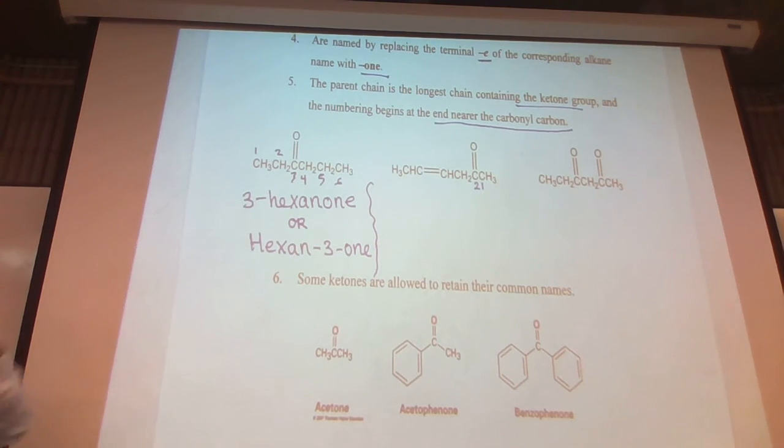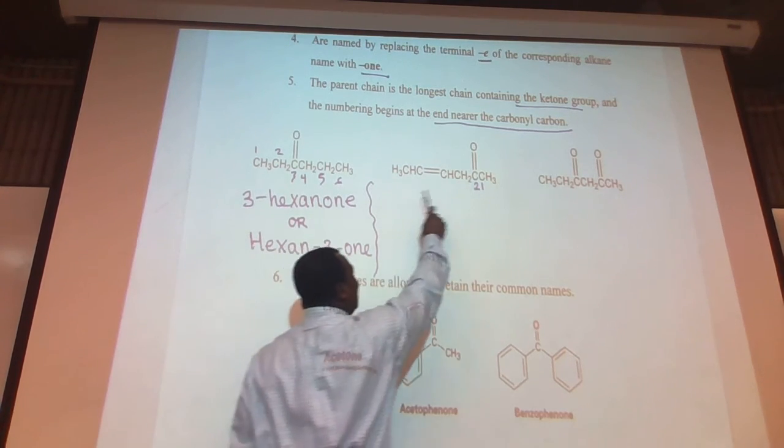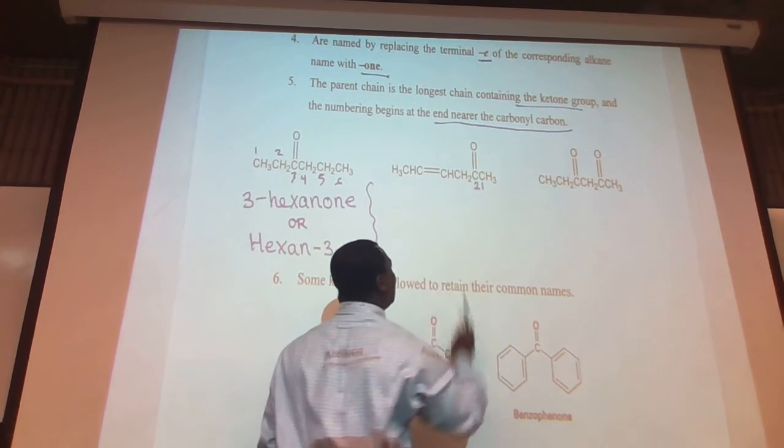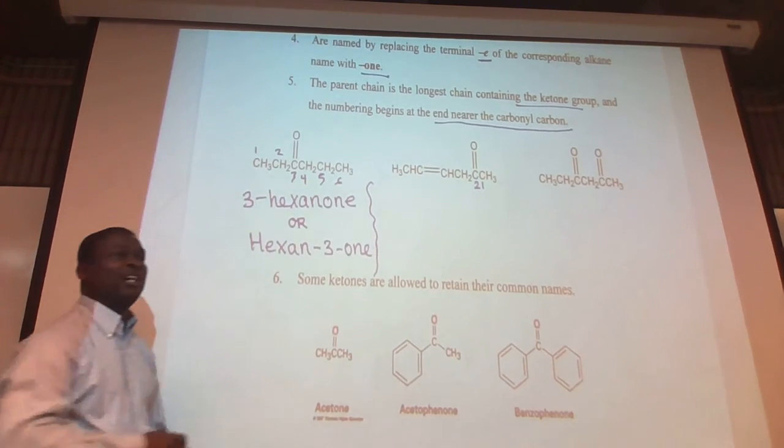The ketone and aldehyde have priority over alkene or alkyne. So you give the ketone priority.